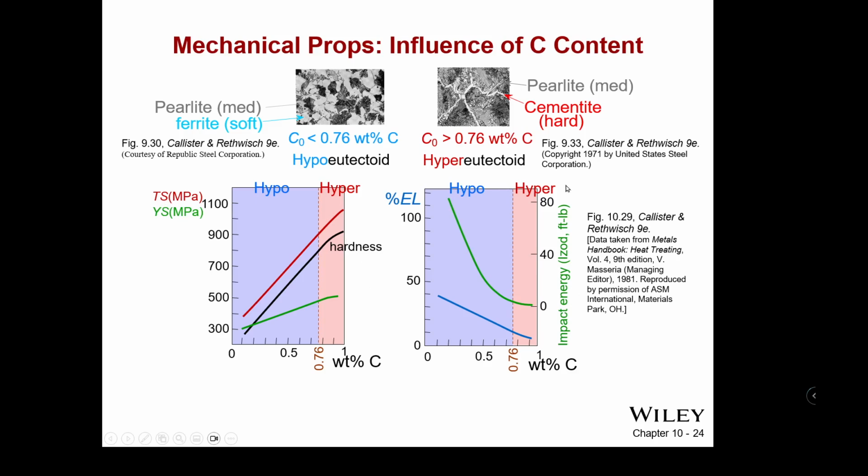The impact energy and the ductility. So the ductility is in blue. More carbon, less ductile. That's the cost trade. You can't have high hardness, high tensile strength, high ductility. You can't have all the things all at the same time.